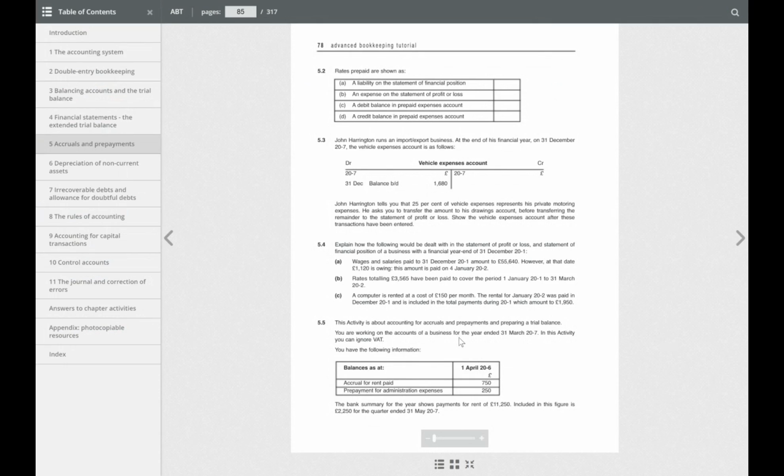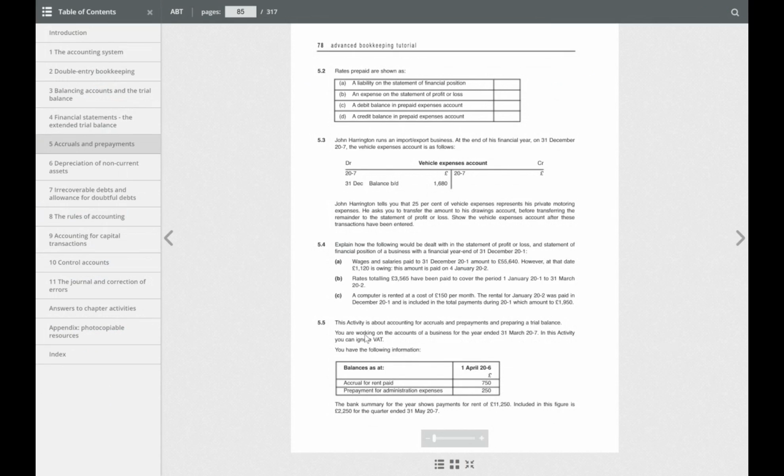The year ended is 31st March 2007, so the year starts from 1st April 2006. It means this is the opening balance of rent. Right now we are just preparing the rent account, so forget the administration.